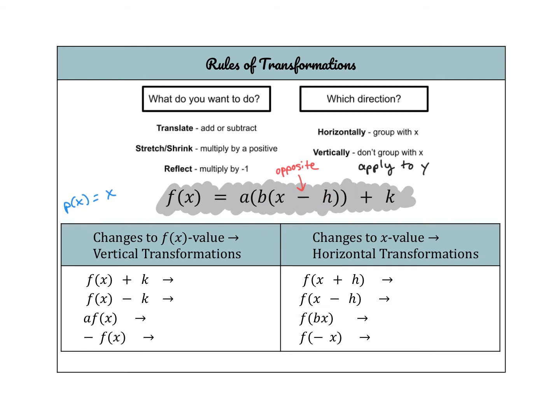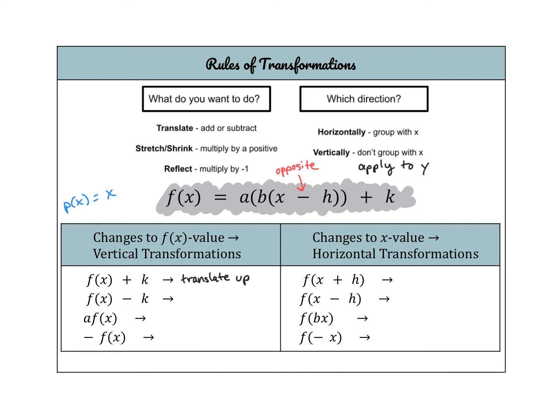So down here we're going to talk about how we can change a function to apply a certain transformation. So these are going to be all of our vertical transformations. So you can see here's f of x, which again represents the y values. So if we add k to our function, it's going to translate up k units.